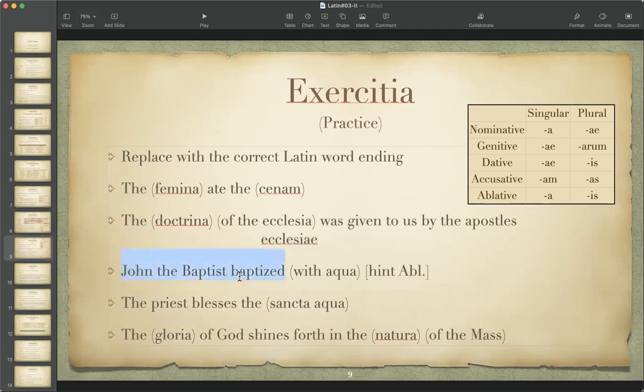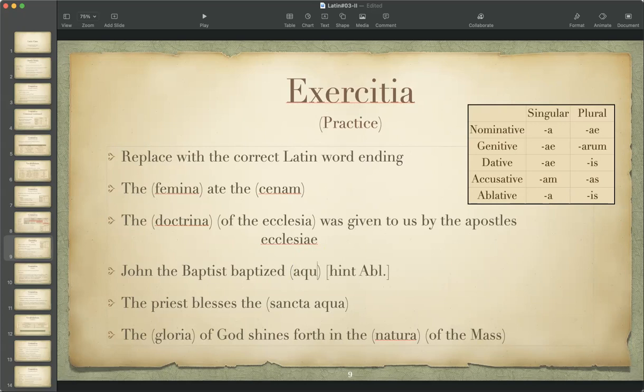John the Baptist baptized with aqua, water. Now, I talked a little bit about the ablative, which we'll kind of paint with a big brush as the means by which the action was accomplished. Aqua, yeah, and so we actually get rid of the with.